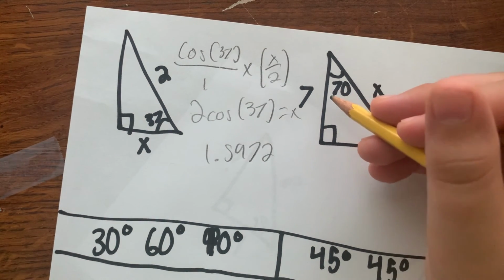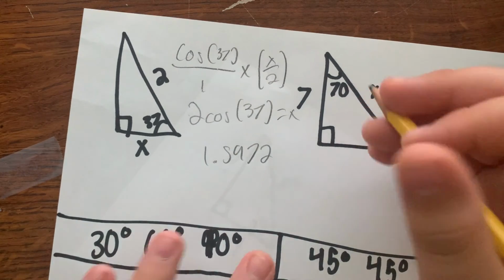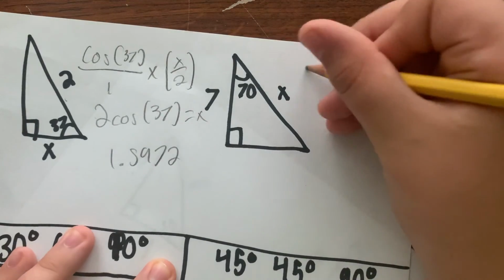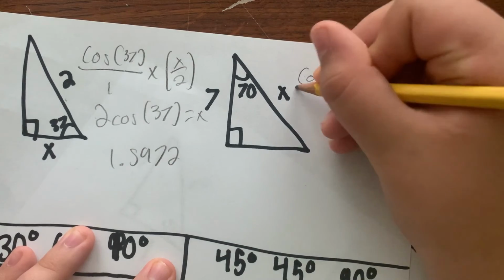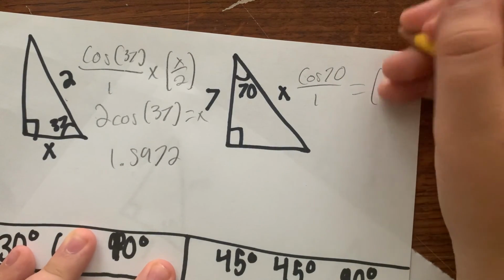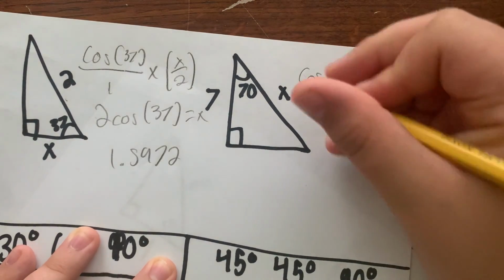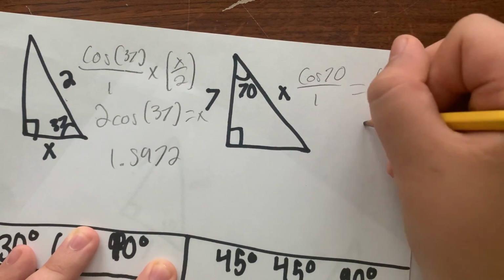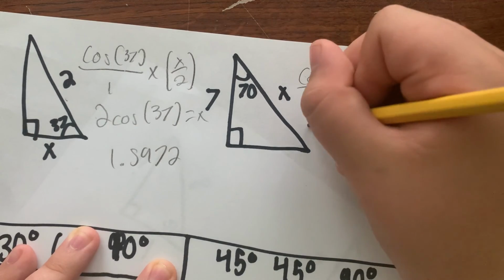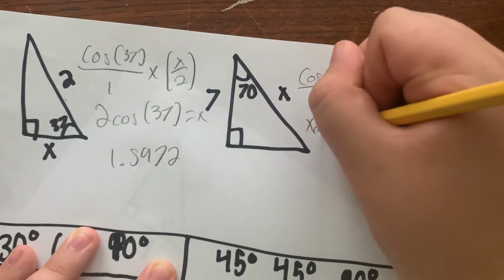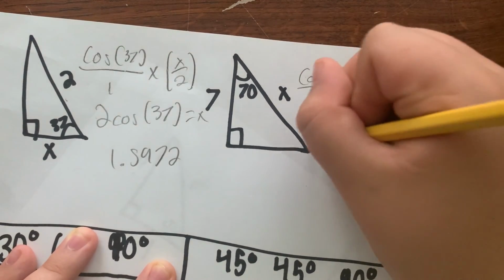You have your opposite and your hypotenuse, just like over here. So you're going to want to do cosine 70 over 1 equals your ratio. So you have 7 over x. Yeah. So it's 7 is equal to x cosine 70.